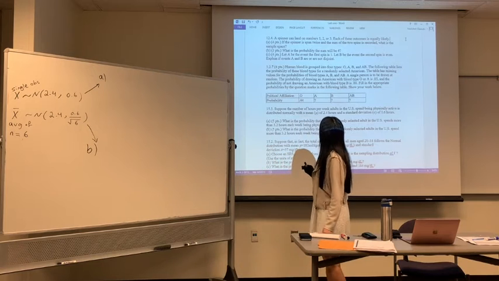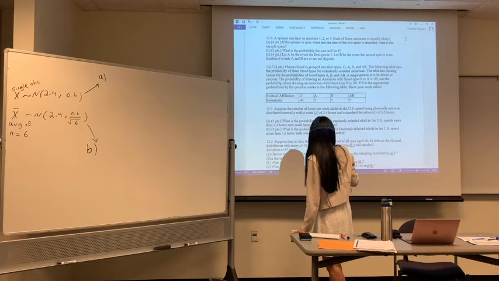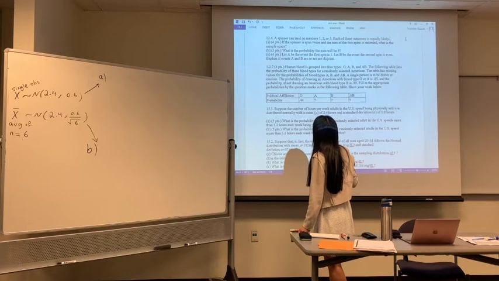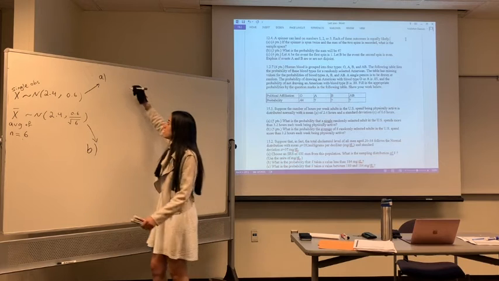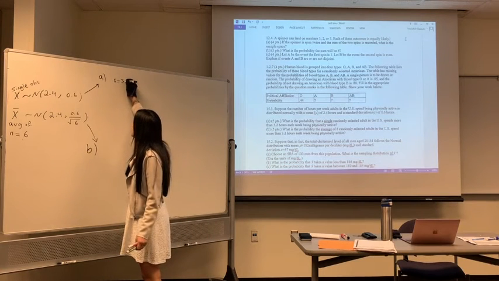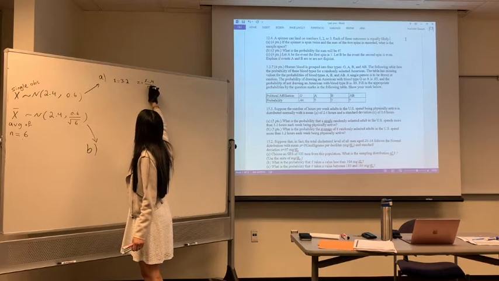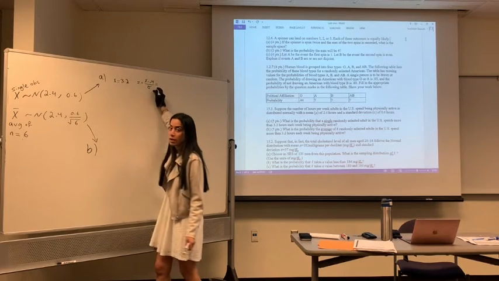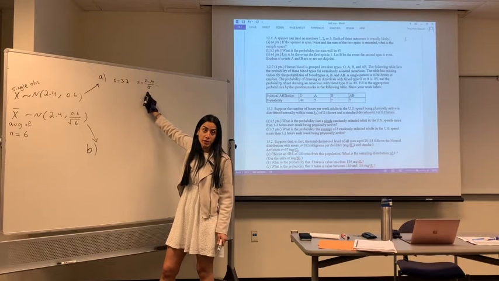It says, what is the probability that a single randomly selected adult in America spent more than 3.2 hours per week being physically active? We start with x equal 3.2. Z is x minus mu divided by sigma. Because we are talking about one single individual, we have sigma. We don't have sigma over square root of n.